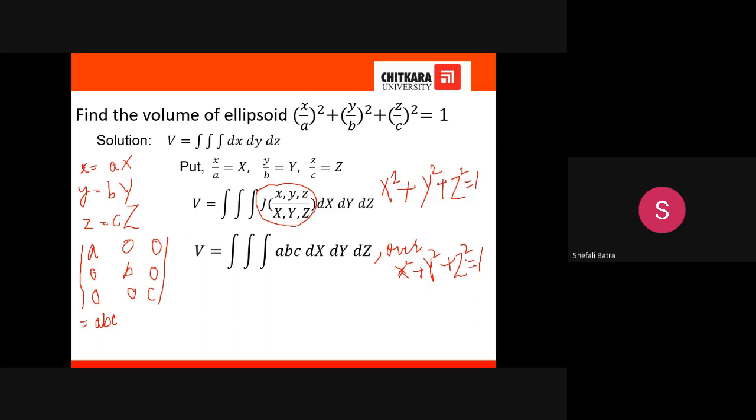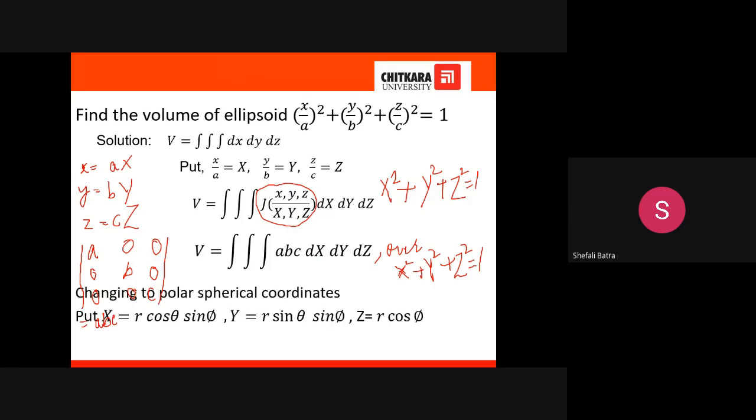Right? Now, if it is a sphere, then you can use spherical polar coordinates. So you will put capital X is equal to r cos theta sine phi, capital Y is equal to r sine theta sine phi, and z is equal to r cos phi, right? And then the Jacobian would be r square sine phi.